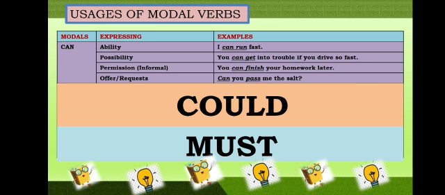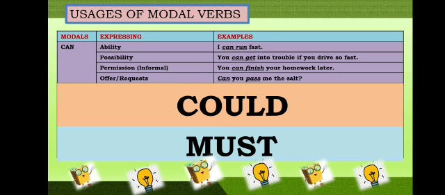Permission, in an informal scenario. For example, you can finish your homework later. If you are offering a help or requesting for help, again, you can make use of the modal verb can. For example, can you pass me the salt?